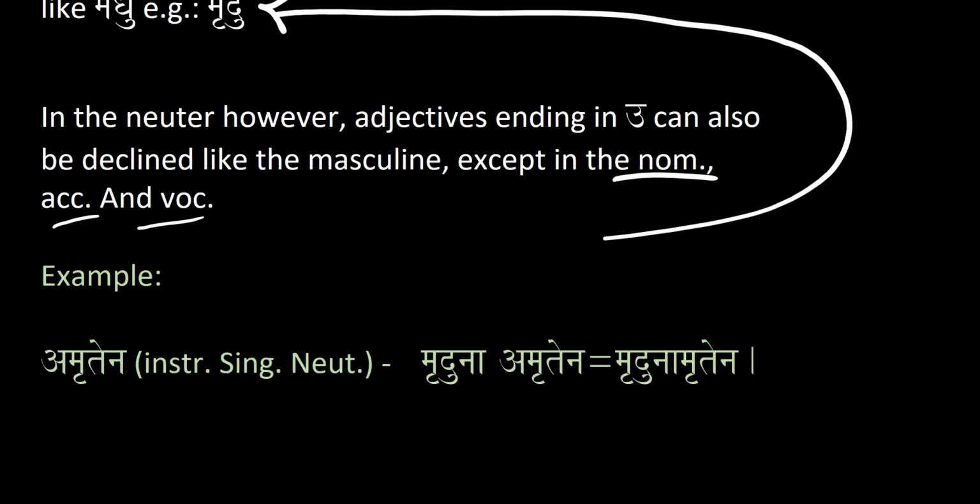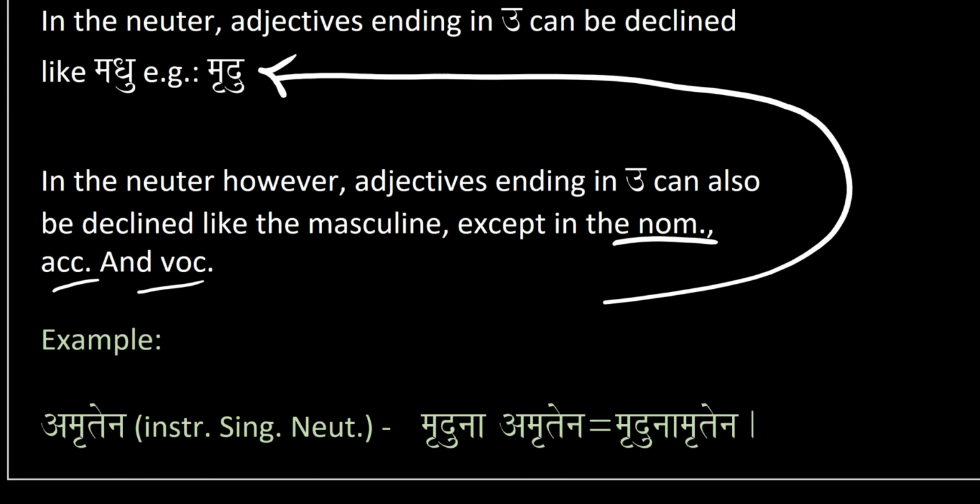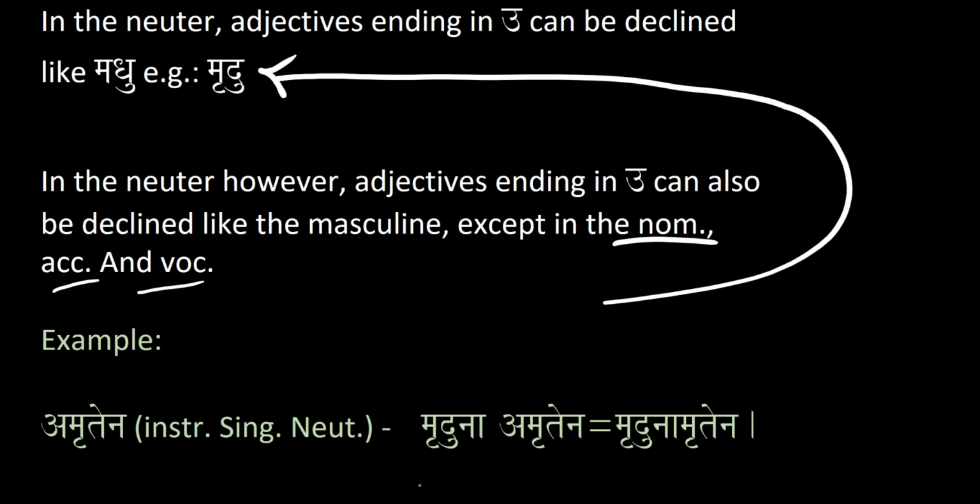But whether you decline it like shishu or like madhu, in the instrumental singular it still ends up being mriduna amritena. And then with the sandhi, it becomes mridunamritena. Some of the declensions are very similar, and that's what makes it convenient.